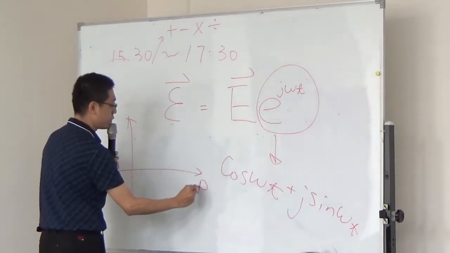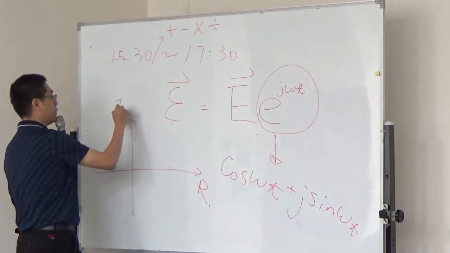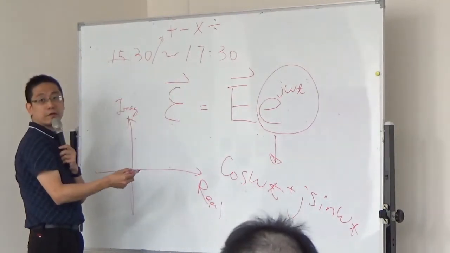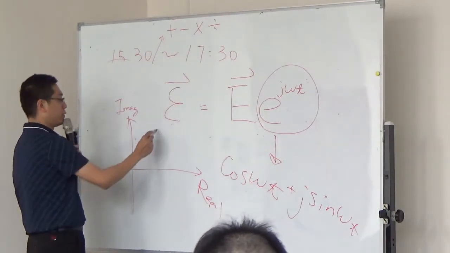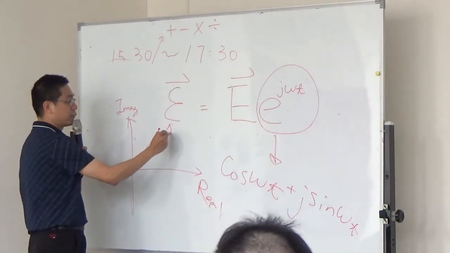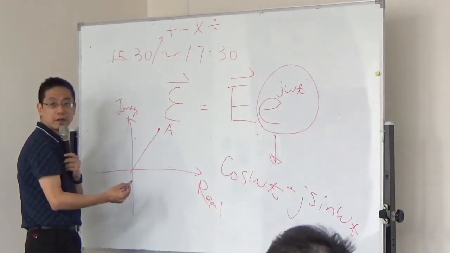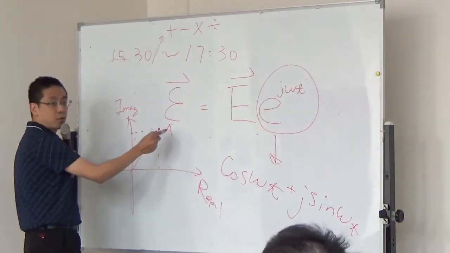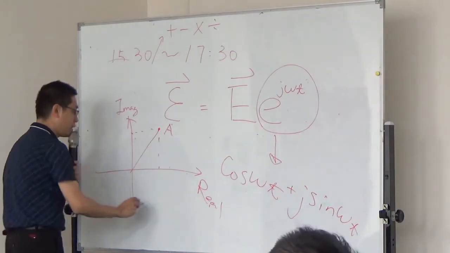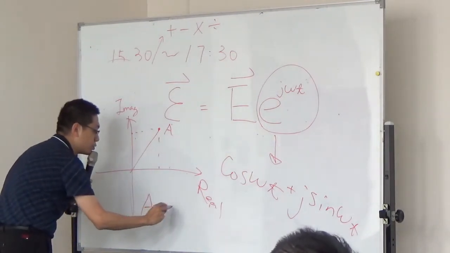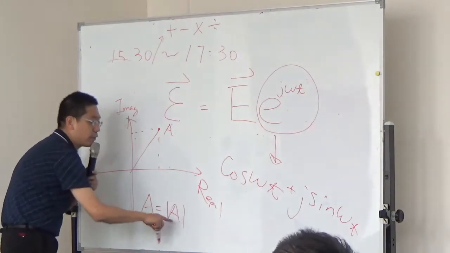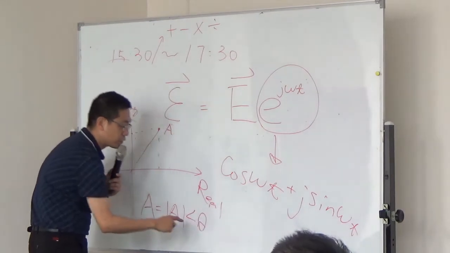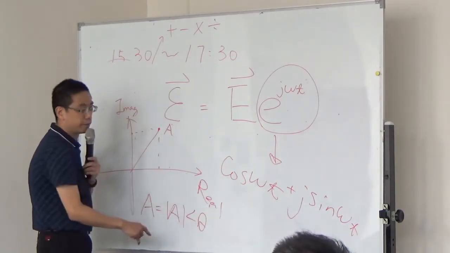If this is the real axis and this is the imaginary axis for a complex variable, you have something here, we call this A. You can describe this complex number as A equals the absolute value of A, and this is also the phasor form.